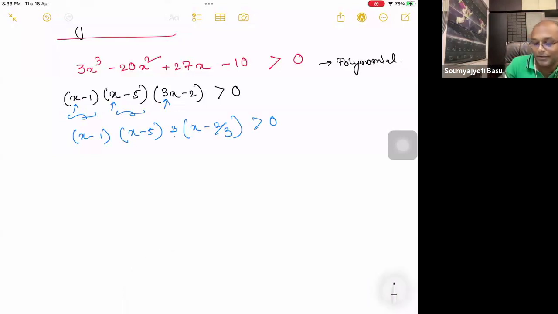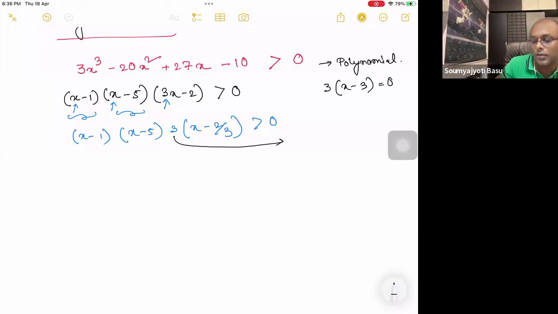You can take this 3 to the right-hand side. Can you do it? Well, you can do it over here. Not always. That's an important point I will talk about a little bit later on, or maybe in a later video. As of now, remember, let's say if you have an equation 3 into (x minus 3) equal to 0.